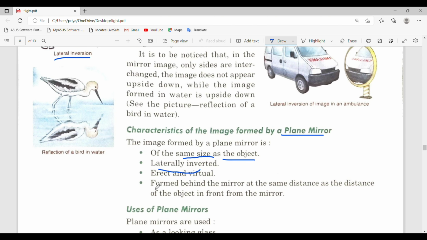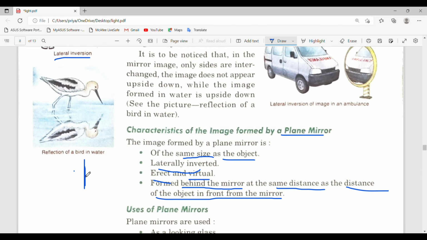Lateral inversion show करेगी, ठीक है, erect और virtual image form होगी. फिर image is formed behind the mirror at the same distance as the distance of the object in front of the mirror. ठीक है, उतने ही डिस्टेंस पे आपको दिखाई देगी जितना कि जो ऑब्जेक्ट रखा हुआ है मिरर के सामने, उतने ही डिस्टेंस पे इमेज भी फॉर्म होगी.